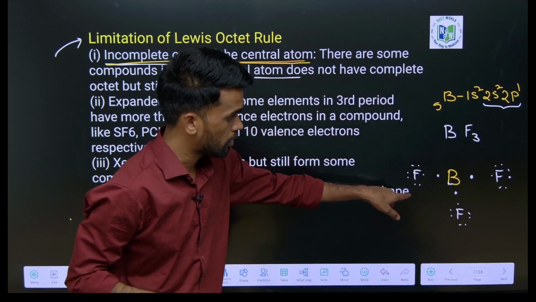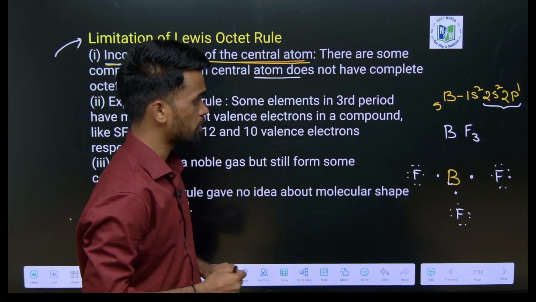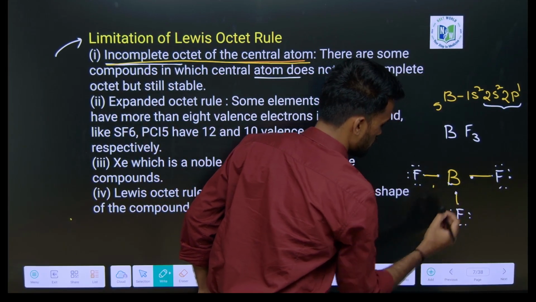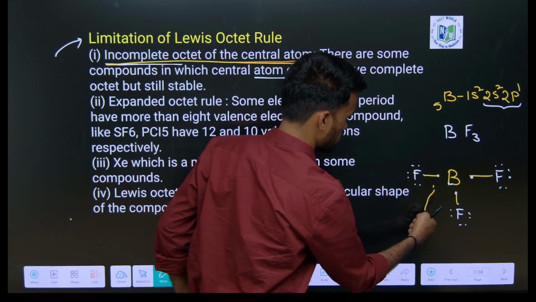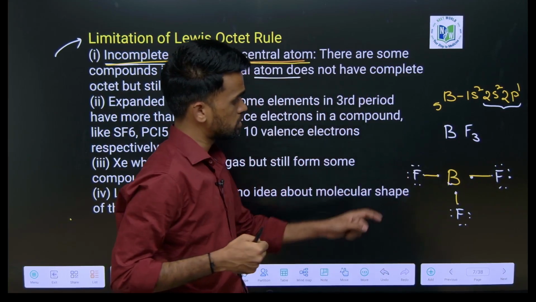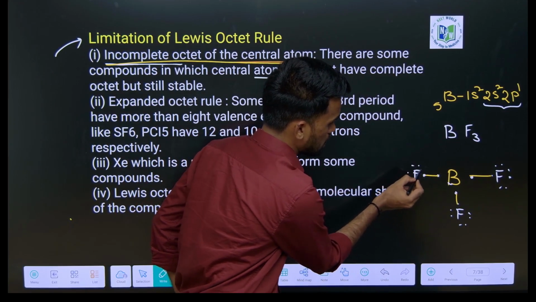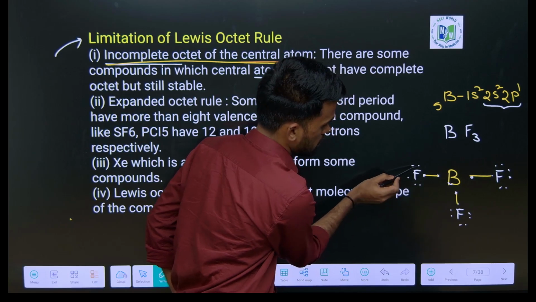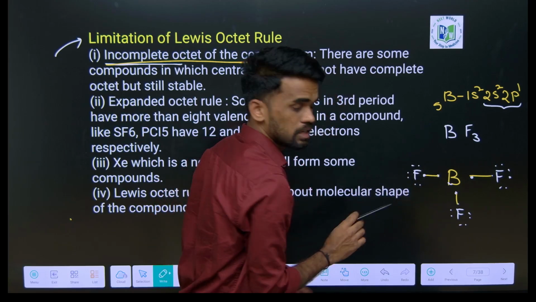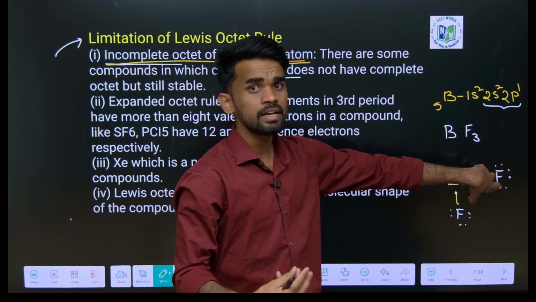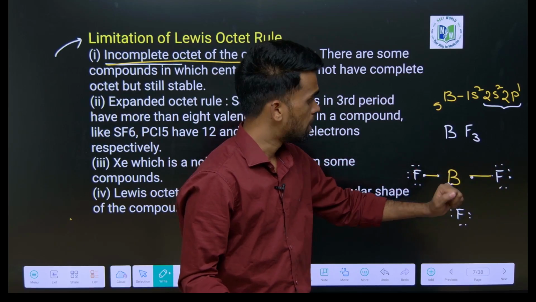I hope you got how I am writing this. Now let us pair up this electron here, here and here. For each fluorine we are seeing 8 electrons: 1, 2, 3, 4, 5, 6, 7, 8. So all fluorines are happy now because they are getting their nearest noble gas configuration.